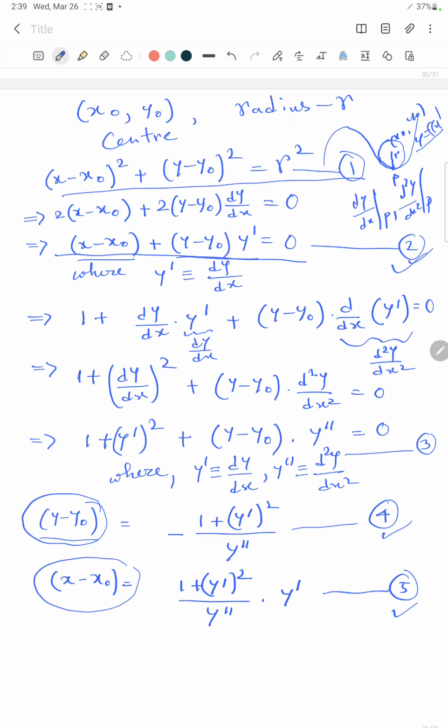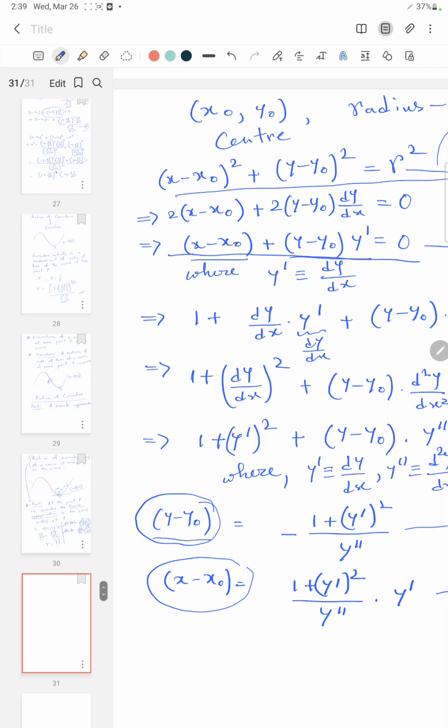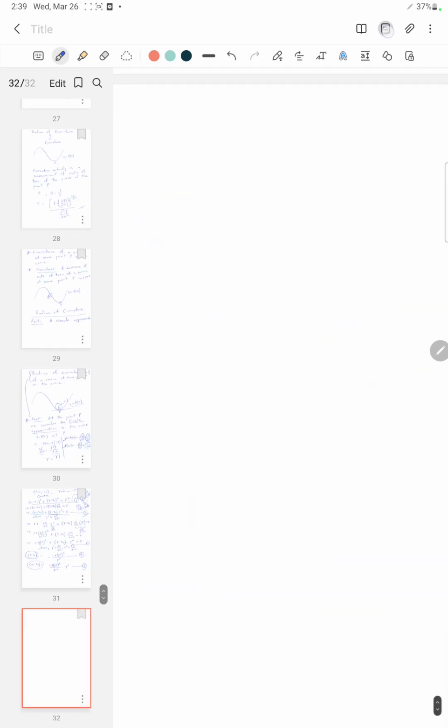Okay, so if we substitute, let us take a fresh page for that. So essentially, what is the equation of the circle? Equation of the circle is this.